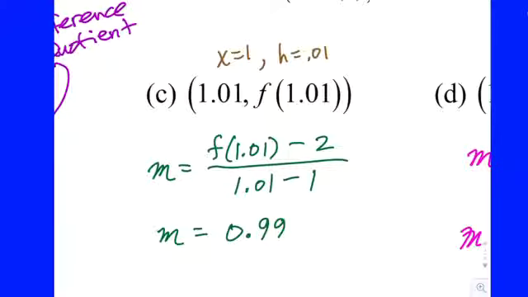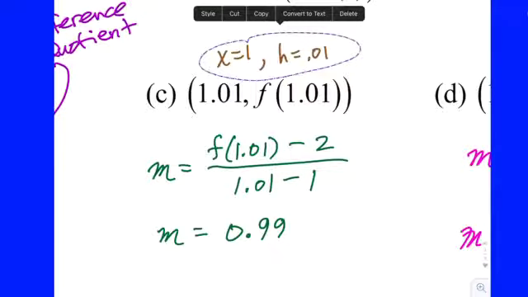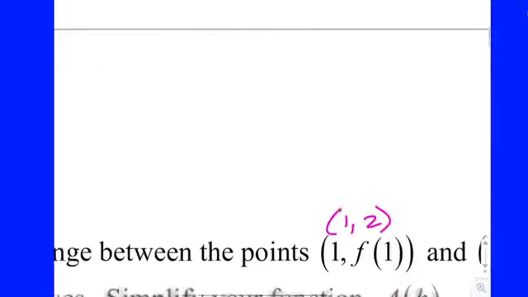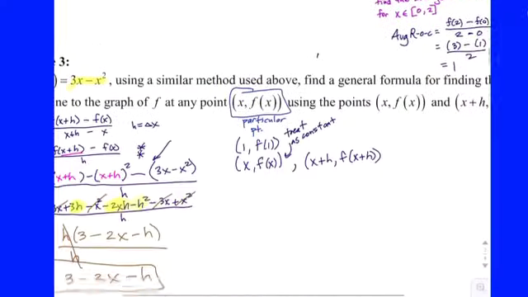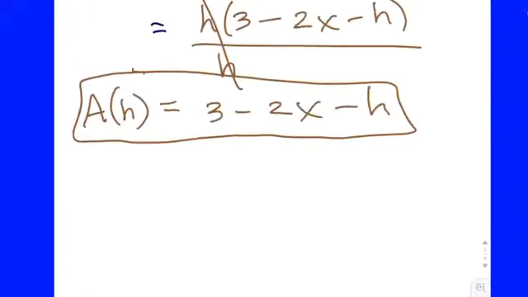So I could just use those values for x and h, and come down here to my new handy-dandy little formula.